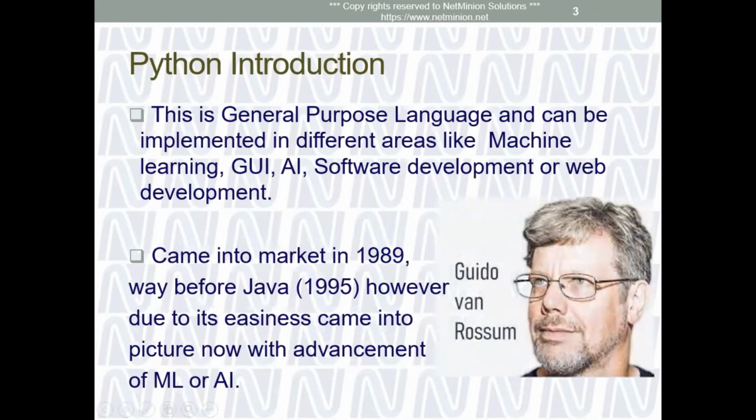Over the screen, we can see there is a guy named Guido van Rossum. He is the father, or maybe the inventor, of Python. He is a Dutch scientist and programmer who invented this language. It is much easier to learn.